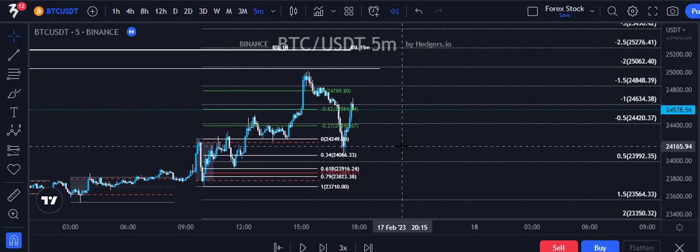You need to use it as a supportive medicine to your trade. If you are only relying on this strategy and you are not following any other teachings, such as you don't know anything about fair value gap, if you don't know anything about order blocks, and if you don't know anything about golden pockets, Fibonacci, and other strategies, then this IDR strategy is not for you.